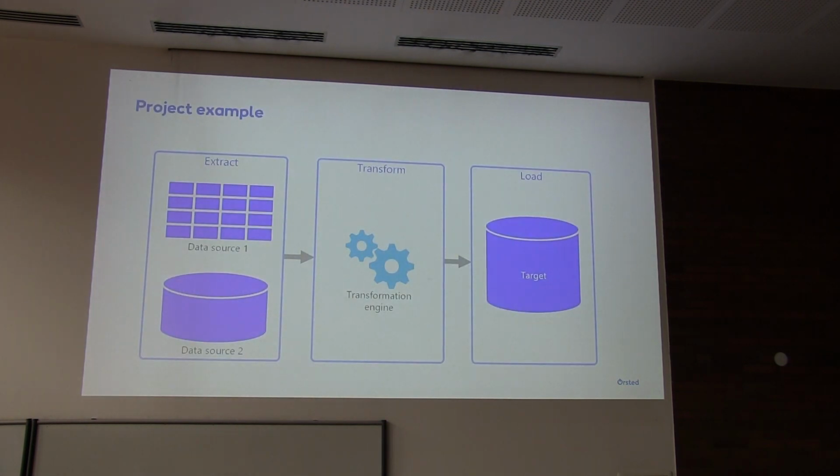I will quickly introduce you to the project I work with. I'm a data engineer, and this is a classical ETL project where we have extraction from different data sources. We transform it, we prepare a structure, and save it to the data warehouse.